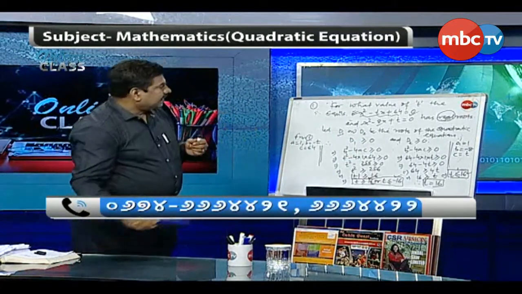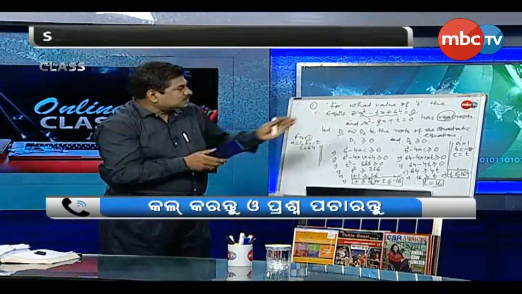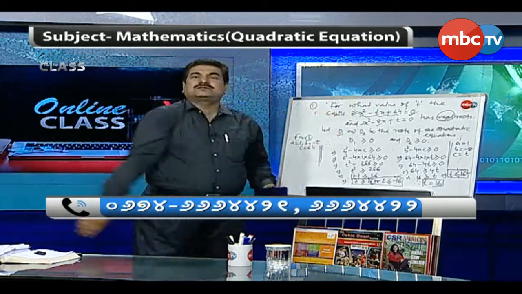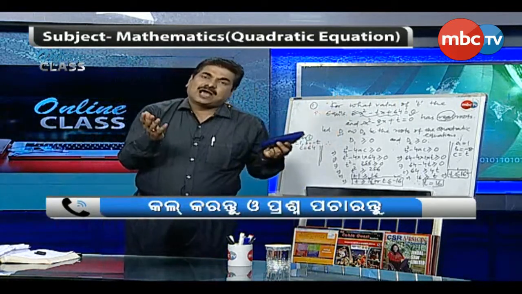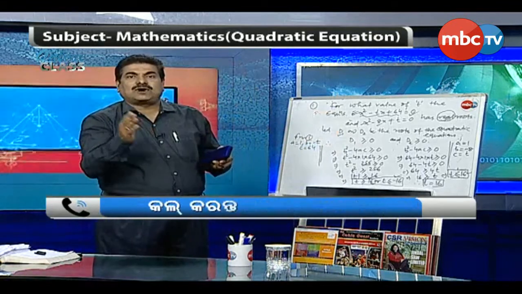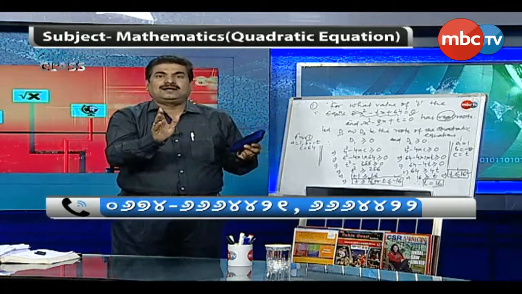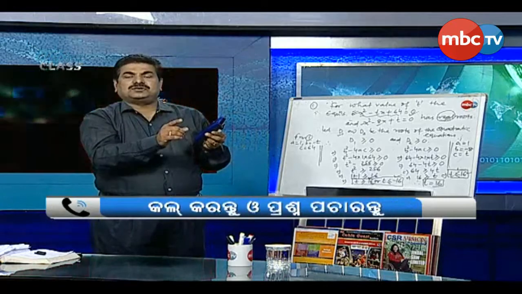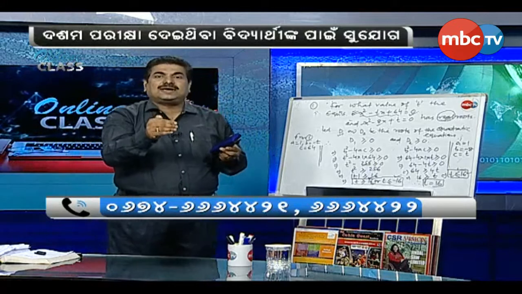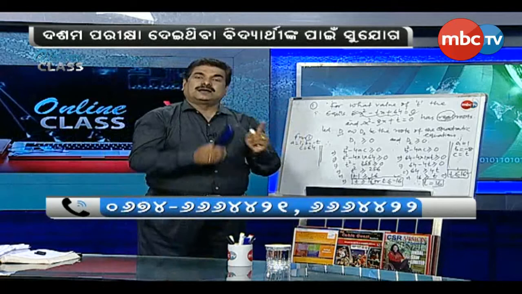Okay, so this is all about when two equations are given and both have real roots. That means if these quadratic equations have real roots, I have already told you that the discriminant D must be greater than or equal to 0. If D is greater than 0, no doubt the roots are real and distinct. If D equals 0, the roots are real and equal. In both cases the roots are real, therefore we write D greater than or equal to 0.